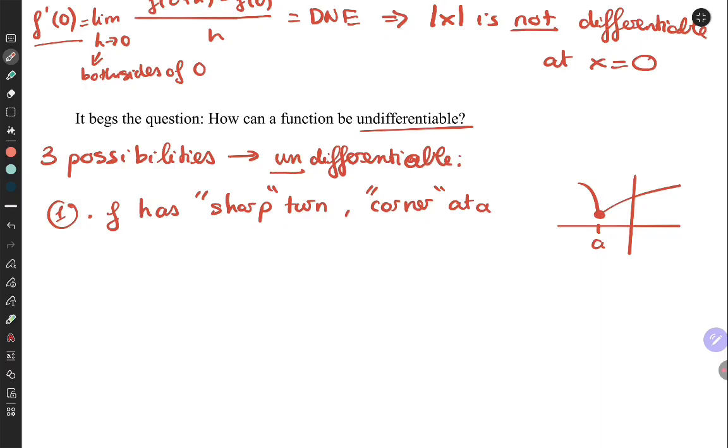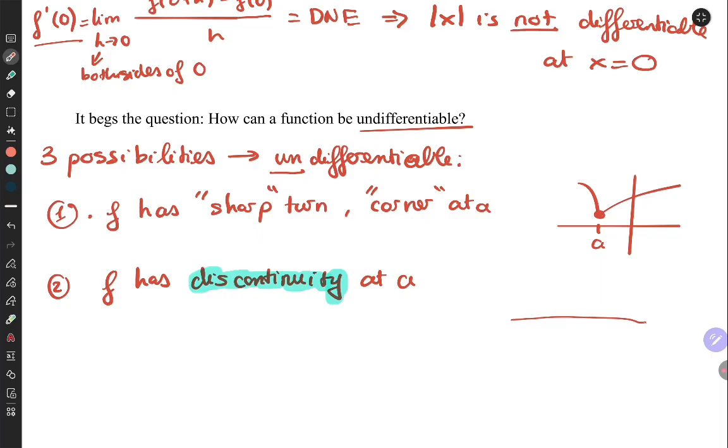Okay. Another option, okay, we talk about this discontinuity. Clearly, discontinuity at A. Okay, there are very easy way to draw that, right?